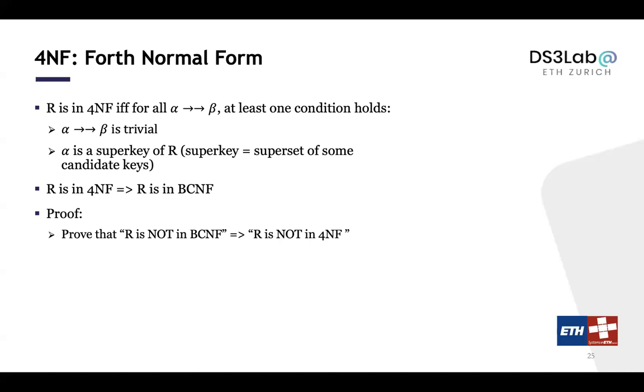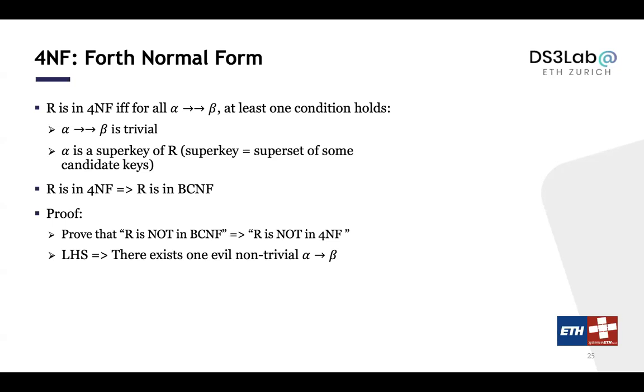So you want to prove that if R is not in BCNF, it implies it is not in fourth normal form. On the left-hand side, that R is not in BCNF implies that there must be at least one evil non-trivial functional dependency alpha to beta in R. Otherwise, it would be in BCNF.